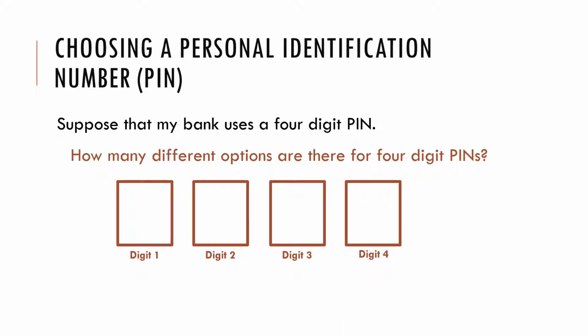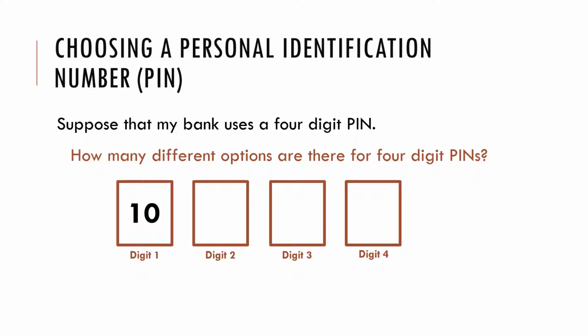Now we'll go back and we'll fill in these boxes with the number of choices that we have for each digit. So what can I choose for my first digit? I can choose any number between 0 and 9. So that's 10 choices. So if you count up how many numbers there are, there's 10 choices.